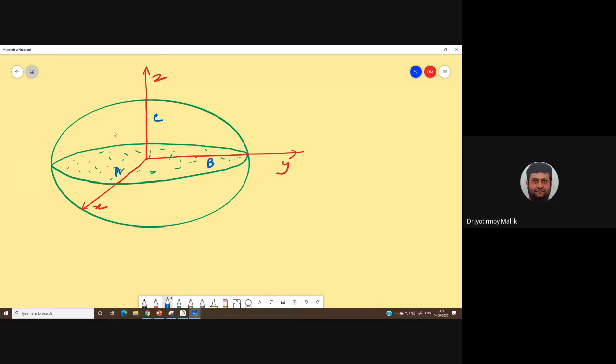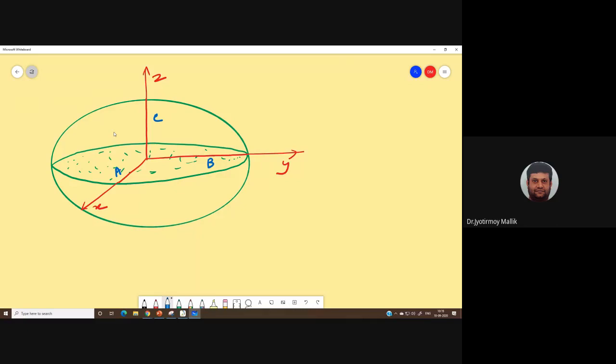But that is not the case, so this is not a perfect sphere, and A, B, and C will not be equal.